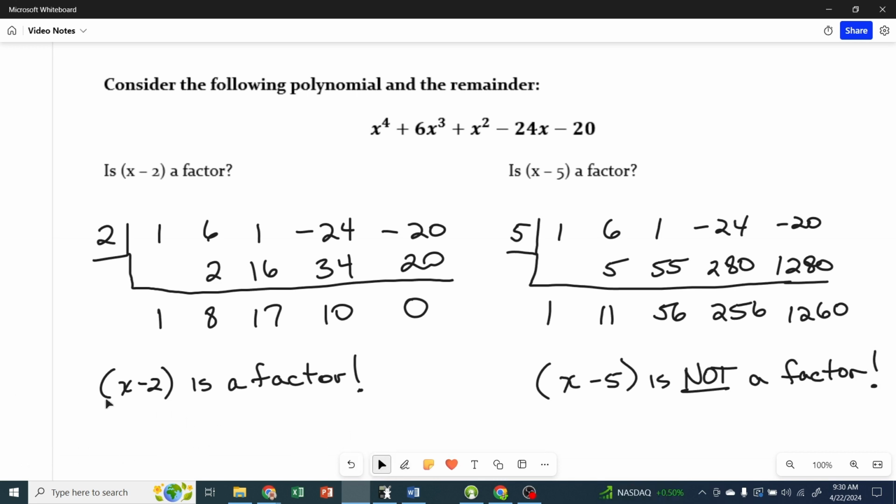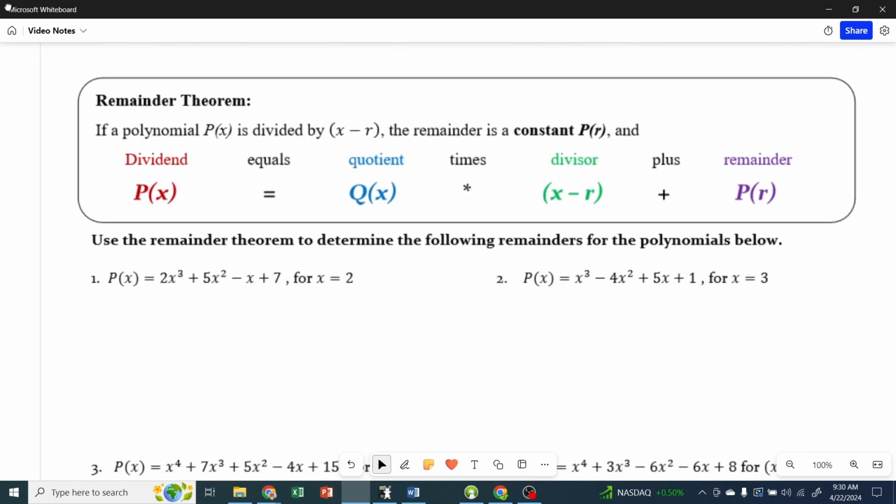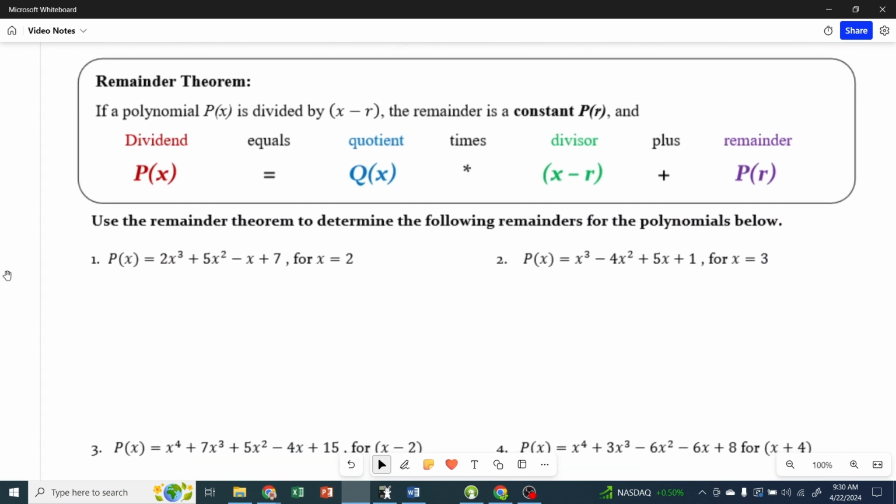Okay, let's continue on here. If a polynomial p of x is divided by x minus r, the remainder is a constant p of r. And so the dividend p of x equals the quotient q of x times the divisor x minus r plus the remainder.